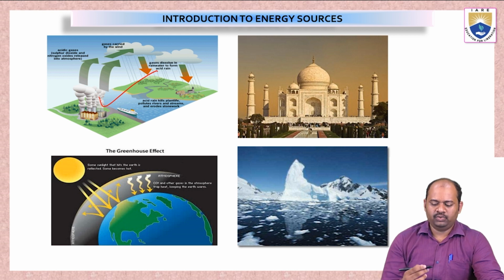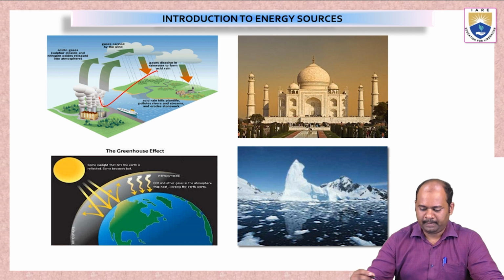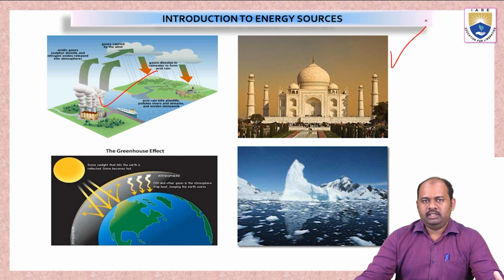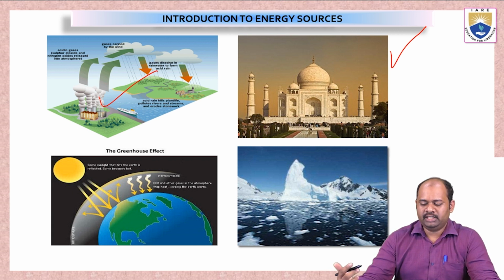So it may have a very bad effect on the people or living organisms living on the earth. And the second one is due to the increasing temperature of the surrounding atmosphere, or due to the pollution created by the industries and their emissions.